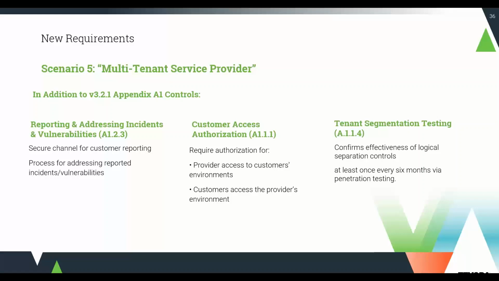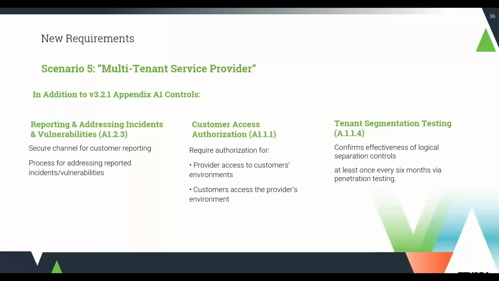For instance, if you're using a cloud hosting provider, the cloud hosting provider needs to have some sort of authorization from the customer if they want to enter or access the nodes that are on top of the host at the bottom. And on the flip side, customers need to have authorization before accessing the provider's environment. So basic access controls and authorization controls for using that infrastructure as a whole.